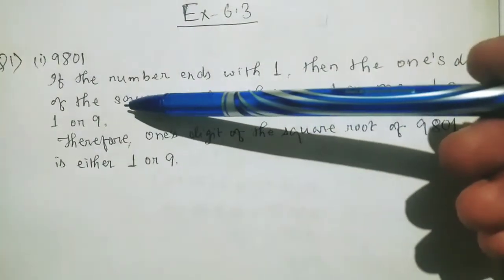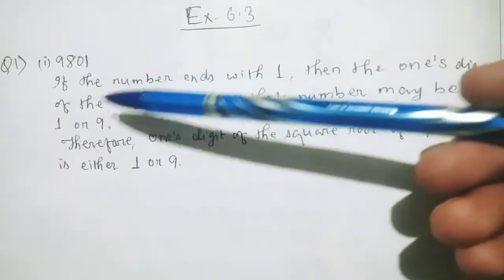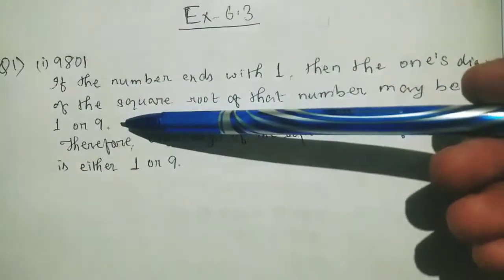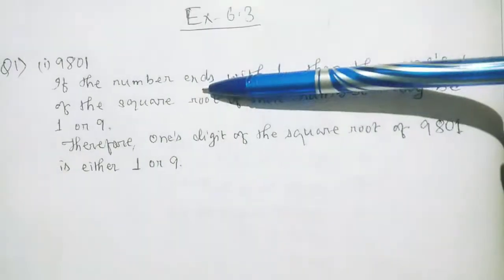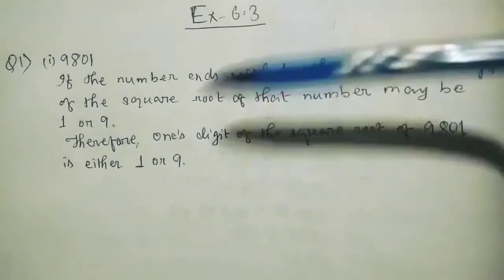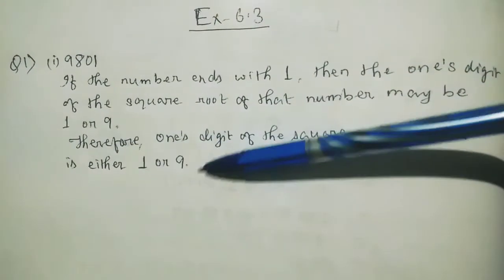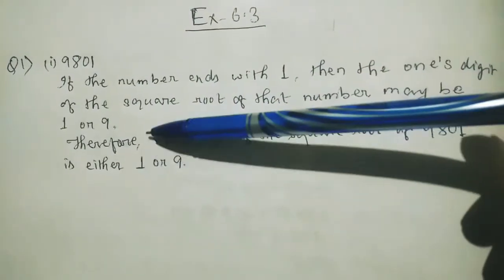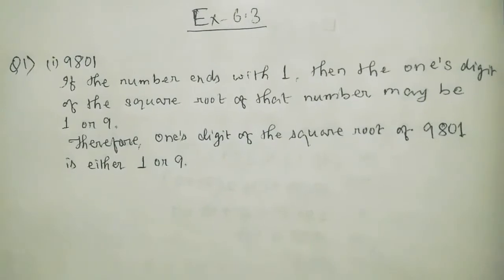So this is the reason. Therefore the ones digit of the square root of 9801 is either 1 or 9. This is the way of writing.